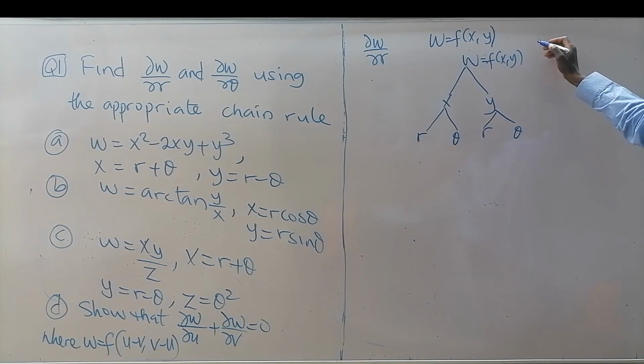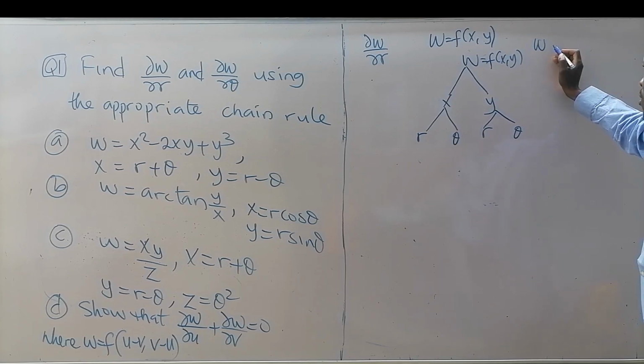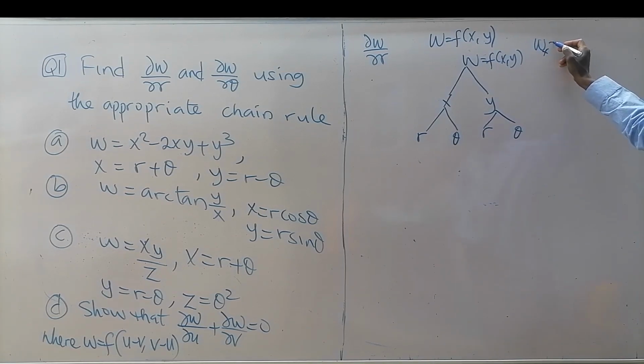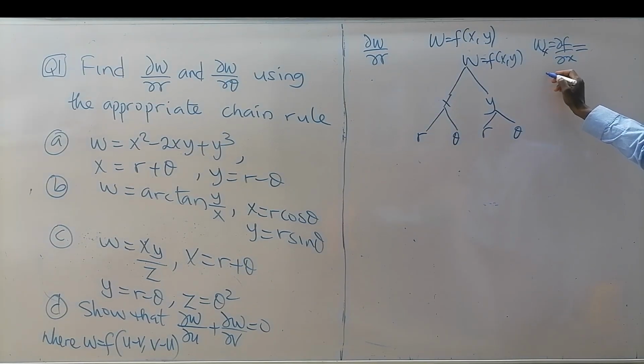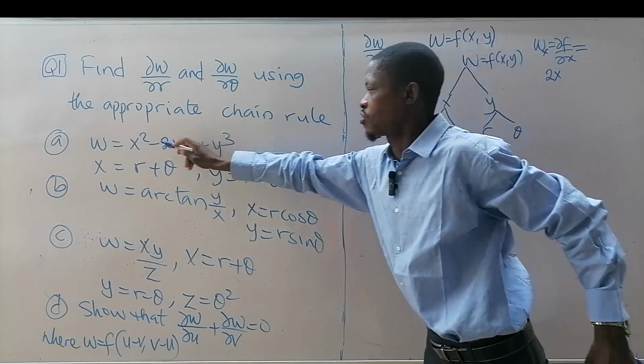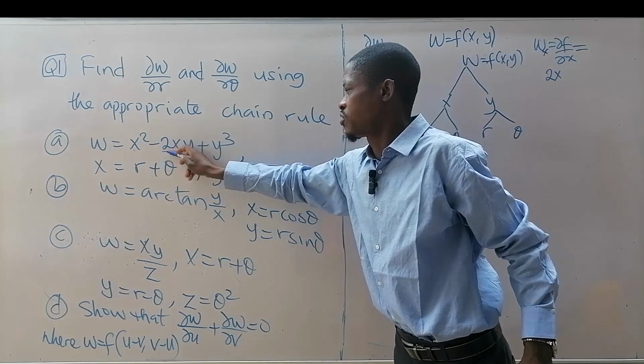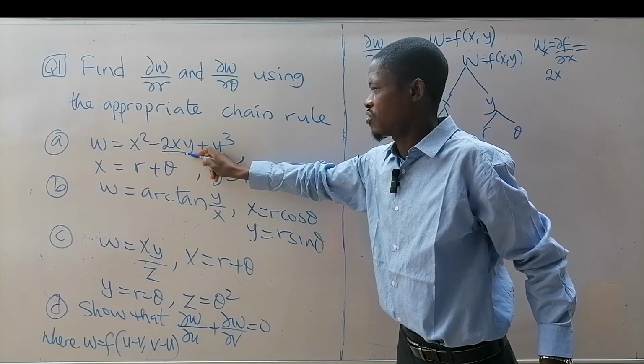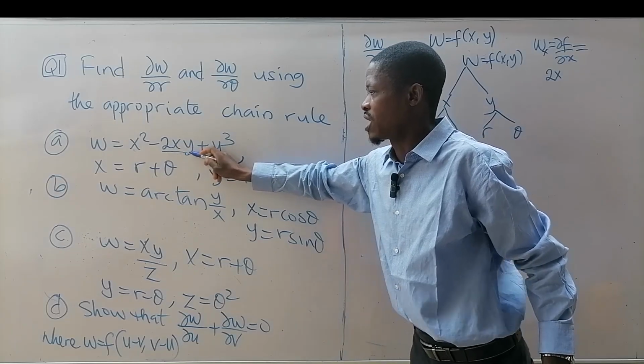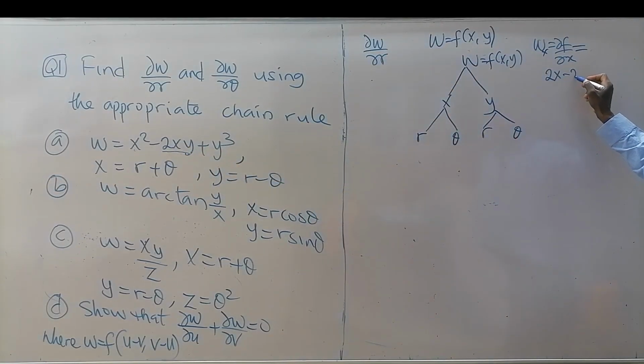So we can get the partial derivative of f with respect to x, which I'm going to call ∂f/∂x. That will be equal to 2x, differentiating x squared. Differentiating this one partially with respect to x, we are keeping y constant, that's minus 2y.